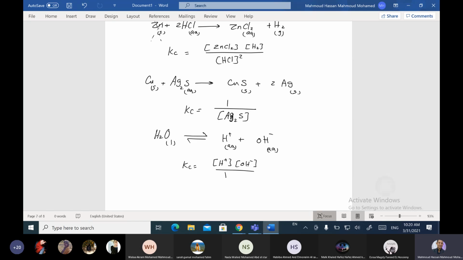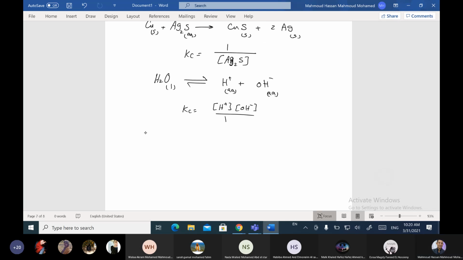The Kc graphs. As we know, Kc equals the concentration of the product divided by the concentration of the reactant.